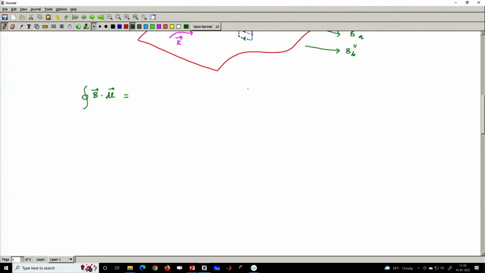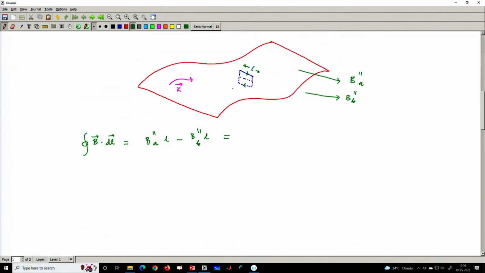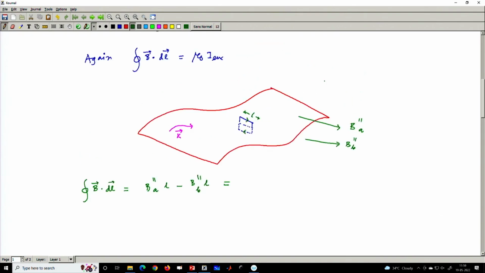So, I have B parallel above multiplied by L minus B parallel below multiplied by L, and that should be equal to, the other component will no longer be there because the direction of the loop and the direction of B are perpendicular to each other. So, they are not going to interfere.